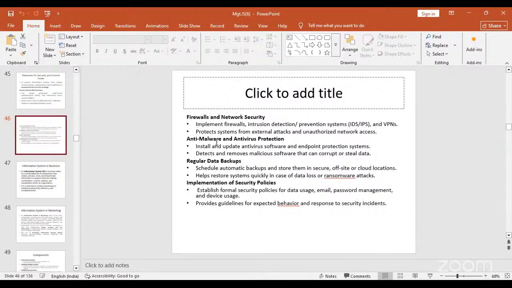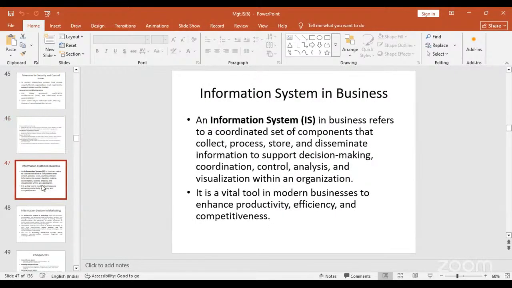Then use antivirus for protecting your system from viruses, malware, etc. You have to use some sort of regular data backups, etc. Implement security policies, like establishing formal security policy for data usage, email usage, password management, device usage, etc. These are the mechanisms used in information systems.